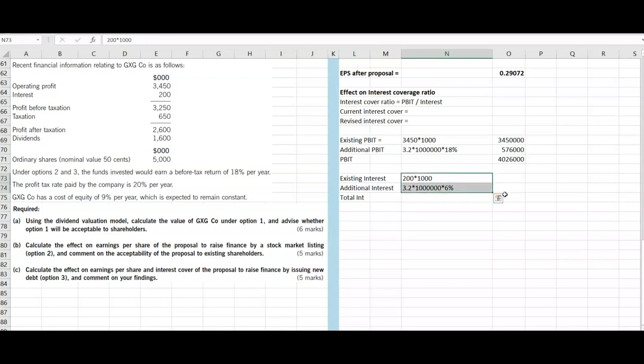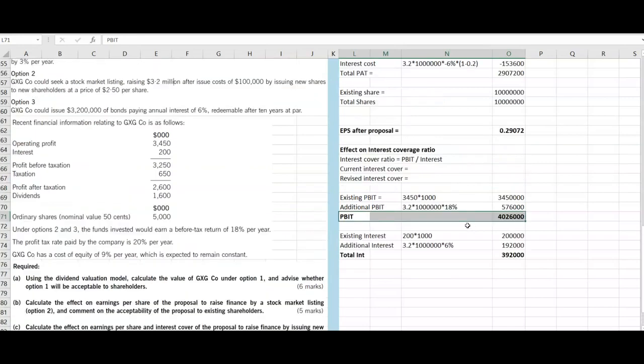So we'll take both these numbers and paste. So this is our existing interest. So this is our new interest, the additional interest. So both we have to just add and get the number. So that comes to 3,92,000. So that's about the total interest here.